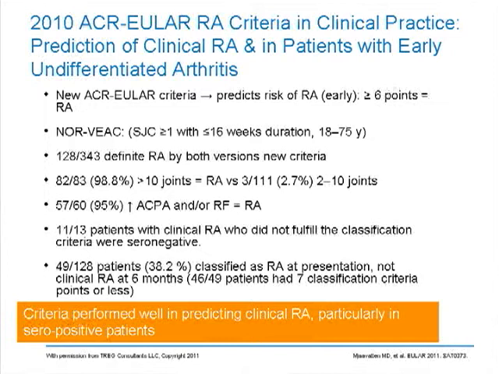The sensitivity is about 86%, with specificity of about 80%, with a positive likelihood ratio of over 4 and a negative likelihood ratio of close to 0. So the conclusions of these authors were the criteria performed well in predicting clinical RA, particularly in seropositive patients, although it's not perfect.